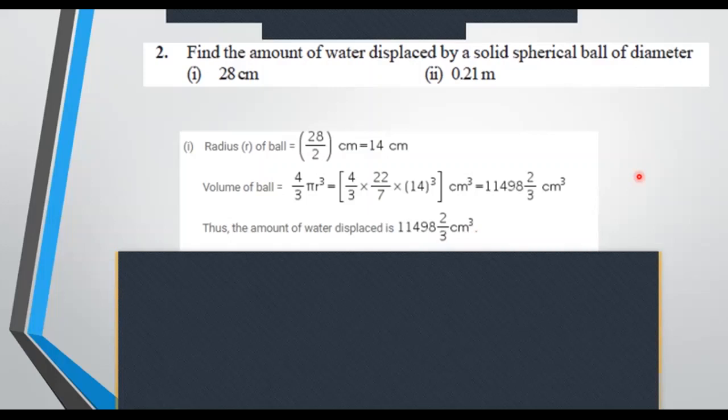Ma'am, is it 0.67? 0.66, it's recurring, so we can make it 0.67. You can put it as 11498.67. Now go with the next part.